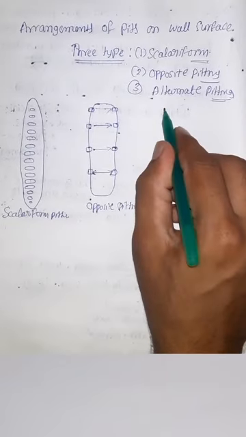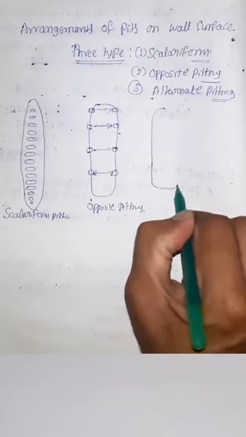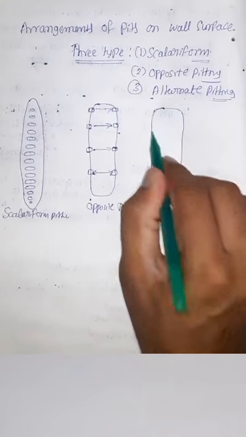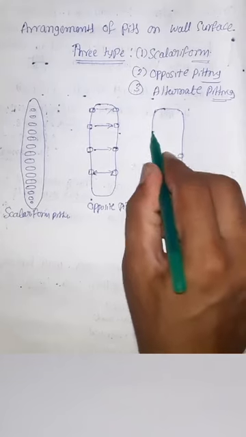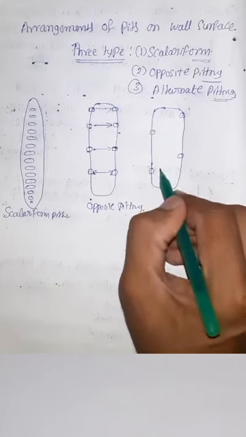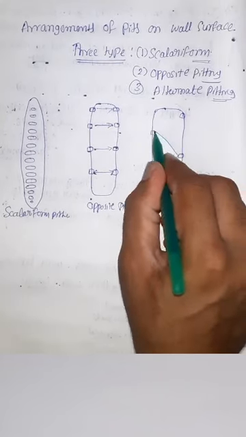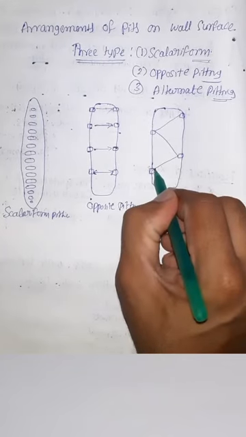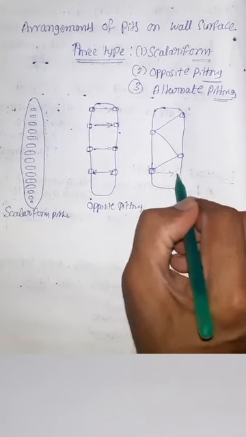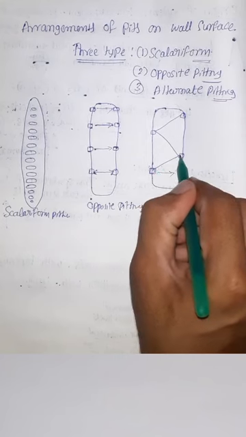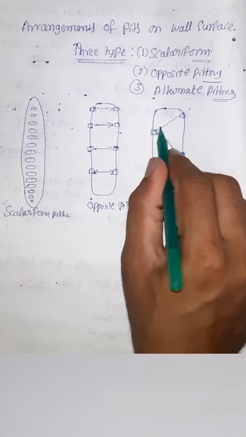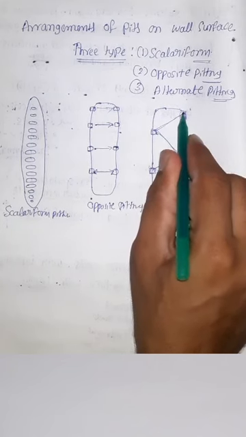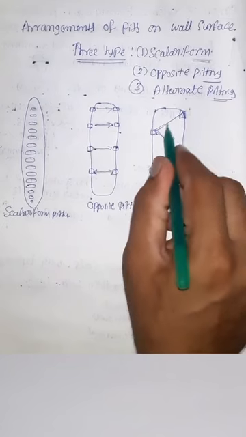Coming to the third one, alternate pitting. For example, this is a cell of vessel. Here the pits are alternate, like this. Here there will be one pit, opposite there are no pits. In an oblique manner there will be one more pit, again here one more pit, here another pit. It is alternate.